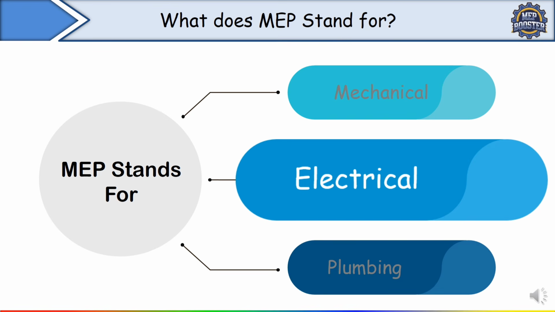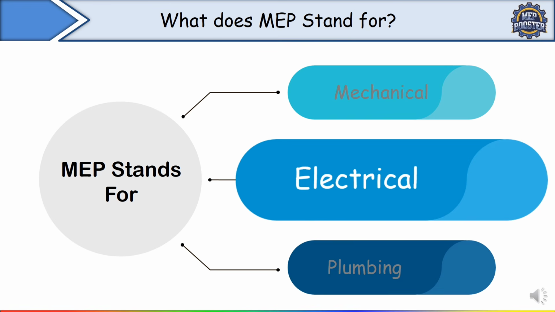Then lighting illuminates indoor and outdoor spaces using various fixtures and controls. Then next, communication facilitates voice, data and video transmission through structured cabling, networking and telecommunication systems. Then safety implements fire detection and alarm system, surge protection and emergency lighting for occupant safety.